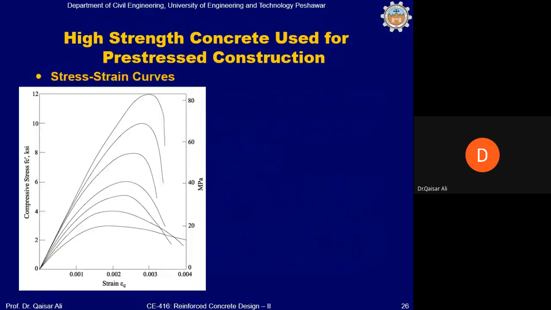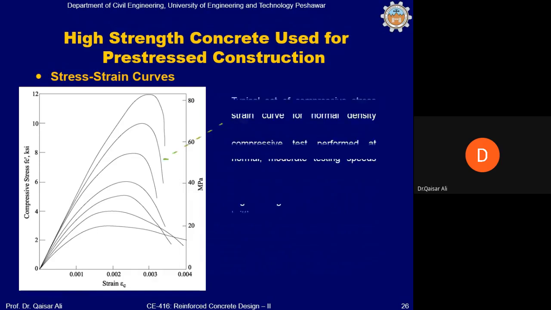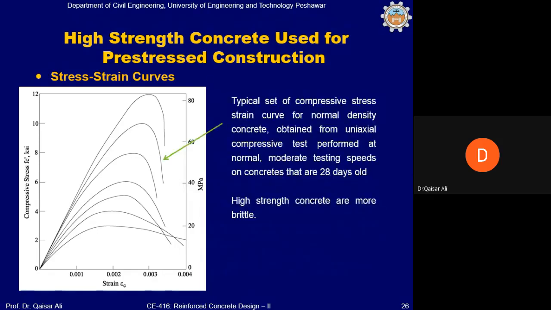The stress strain curve of high strength concrete. You can see there are many curves of high strength concrete, and with the increase in strength, the ductility, comparatively speaking, decreases. The typical set of compressive stress strain curves for normal density concrete is obtained from uniaxial compressive stress tests. High strength concrete is more brittle than ordinary strength concrete.